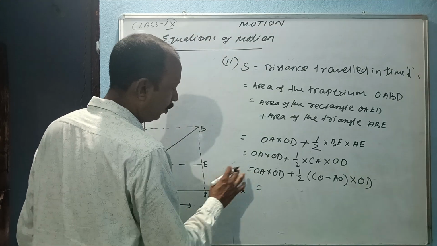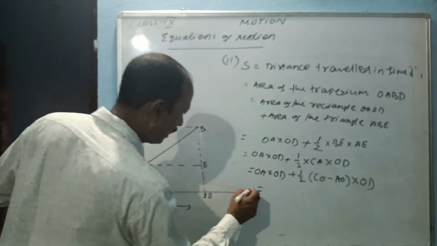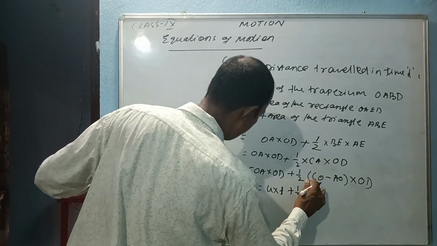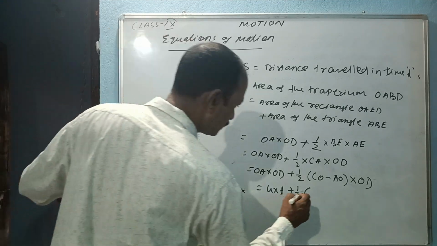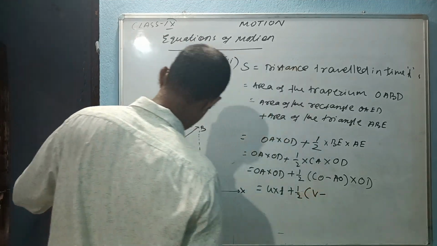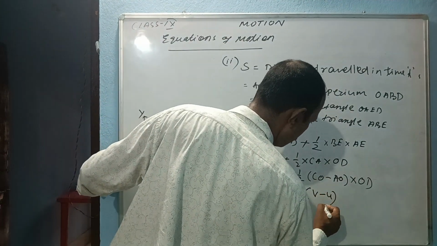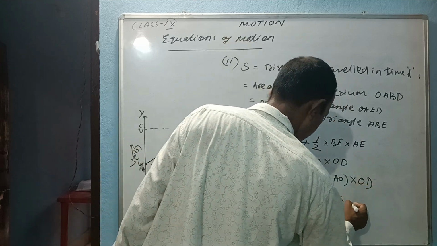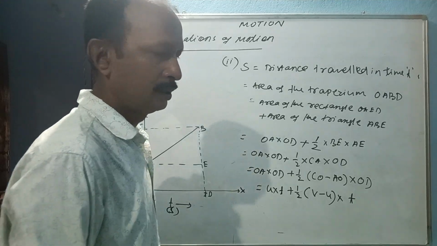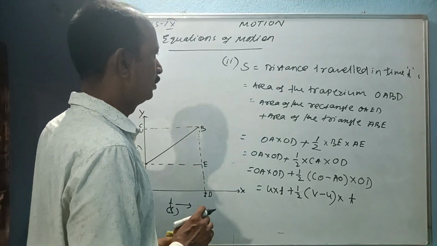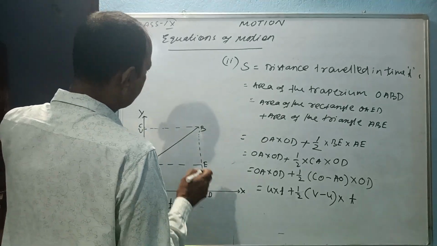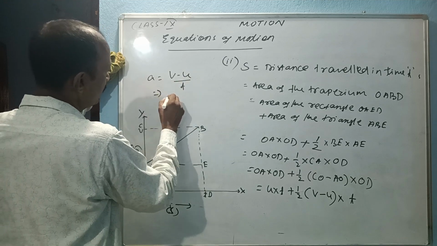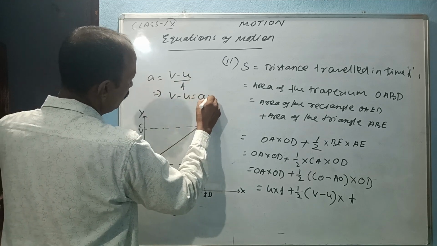Okay, now we put in its value. In place of OA I am taking U, in place of OD I am taking T, plus half into CO, CO represents the V, minus AO represents the U, into OD represents the T. Okay, did you understand? See here. Before that I said that acceleration is equal to v minus u by t. That means I can say that v minus u is equal to at.